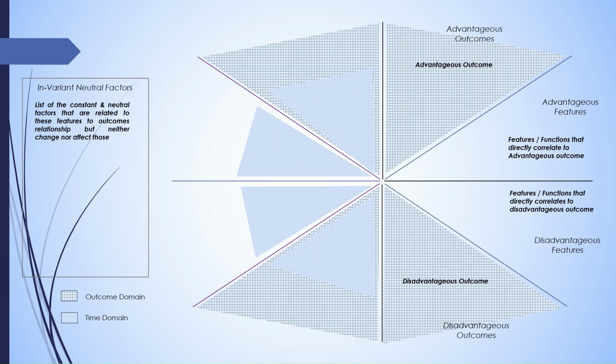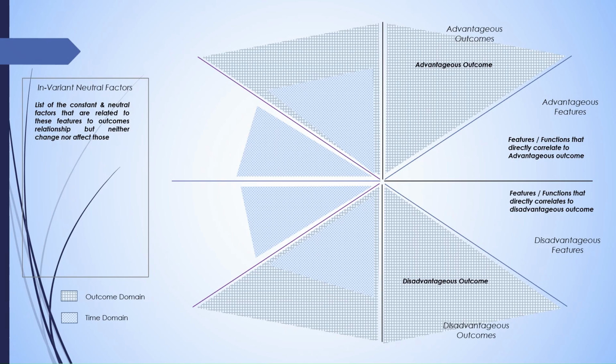Now let's walk through the structure itself. Start on the right-hand side of the construct. These areas focus on features and outcomes that are not time-dependent. Just above the x-axis, you have the area for advantageous features. This is where you plot functions or features that clearly contribute to positive outcomes.